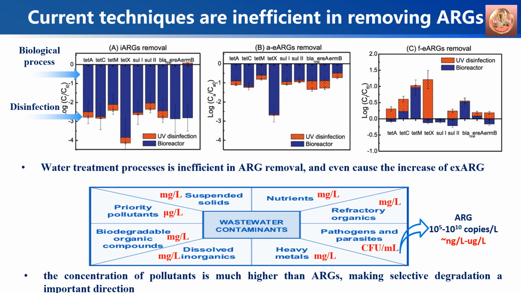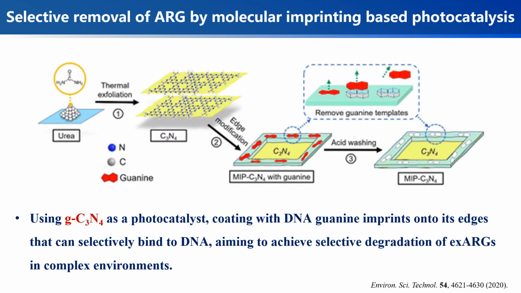They can't effectively eliminate ARGs, especially ERGs, in the environment. The major problem of current processes is that they are not selective to ERGs, because ERGs in water are very few. So we need to develop a process that can selectively remove ERGs.